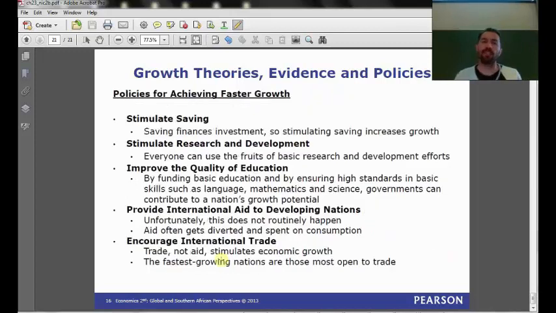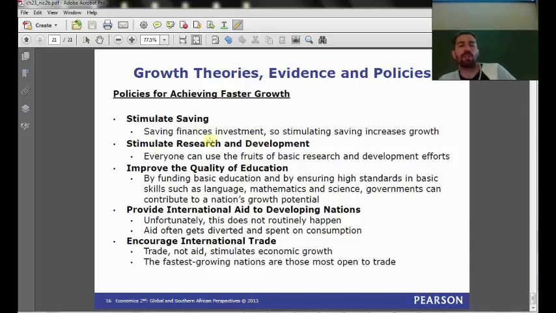So what are the policies that we think of at this point in time that lead towards growth? This is a different take on Niall Ferguson's discussion. He had the six killer apps, and these are similar. The first is to stimulate saving. In other words, saving finances investment, so stimulating saving increases growth. As long as we can get people to save, we can get people to invest, and people investing increases capital.